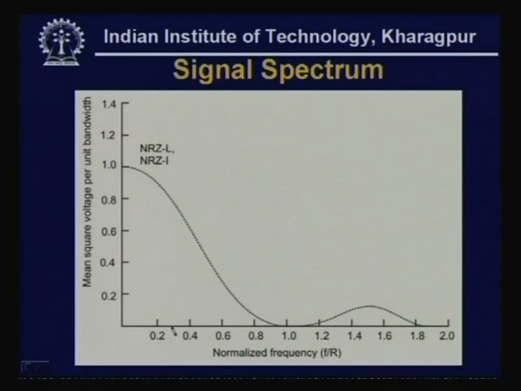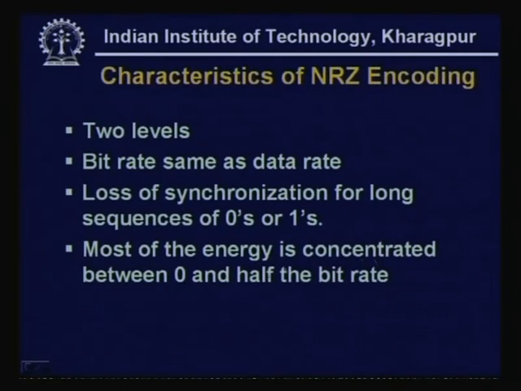Here we find most of the energy is around this region, half of the bandwidth. That means this is one, the bandwidth of the signal. We can see most of the energy is between DC and the middle point of around 0.5. So, most of the energy is concentrated between 0 and half the bit rate.